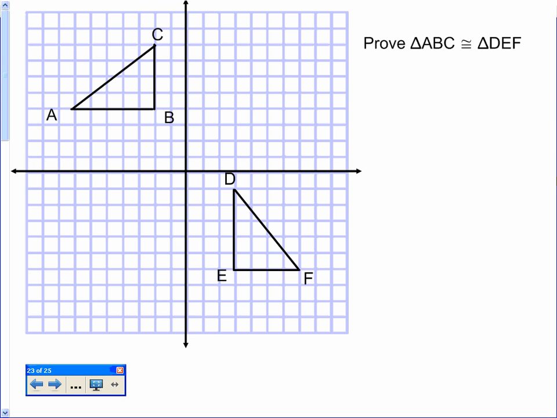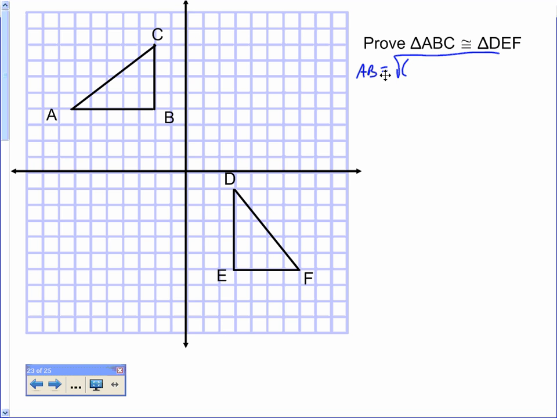So on this first triangle, ABC, I can find the length of each side with the distance formula. Actually, I don't want segment AB, I want the length of AB. So AB is going to be the square root of x2 minus x1 squared plus y2 minus y1 squared.